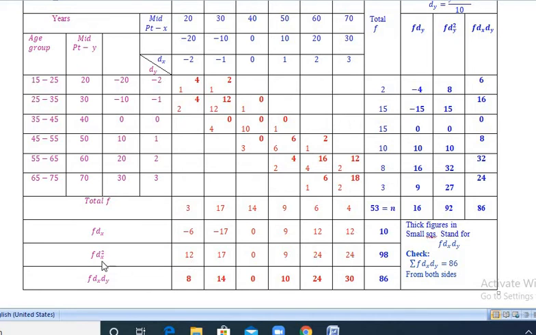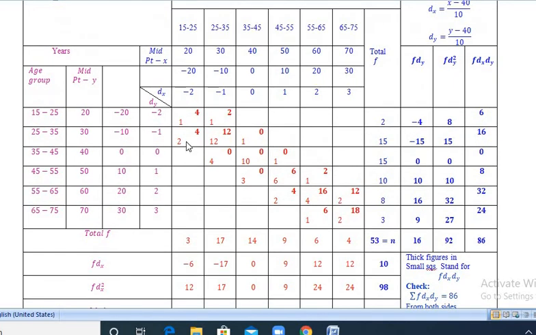This is the values of f dx square, and along the vertical the values of f dy square are exhibited. And lastly we need to compute f dx dy. Here f is 1 over the class interval 15 to 25.